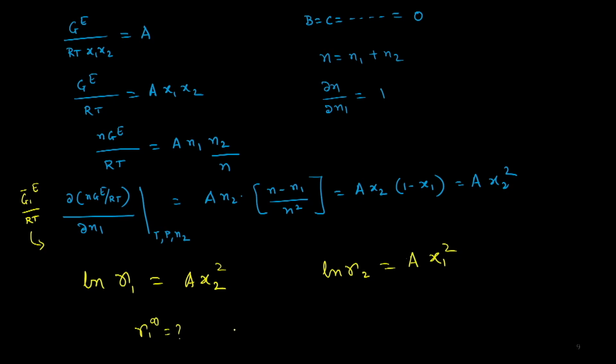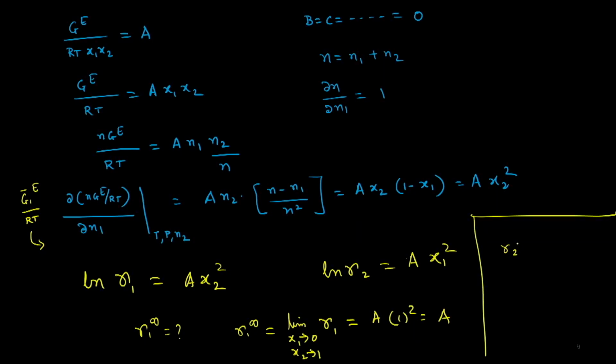Then we can use this model and say that gamma 1 infinity is nothing but the limit of x1 going to 0 for gamma 1, and as x1 goes to 0, x2 will go to 1, so A times 1 squared would be simply A. So in this model, gamma 1 infinity will be A, and if we write gamma 2 infinity, this will also equal A. So the infinite dilution activity coefficients are what this term A represents in this particular model.